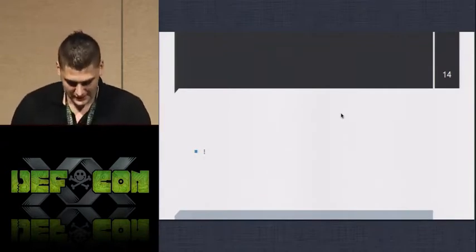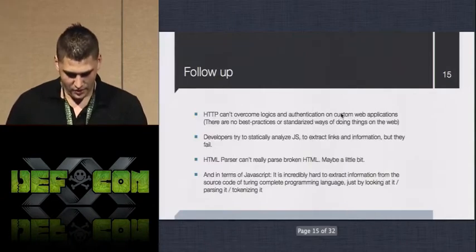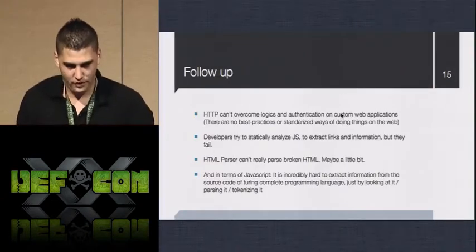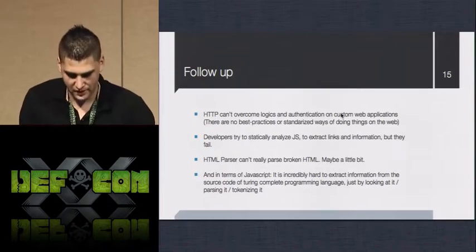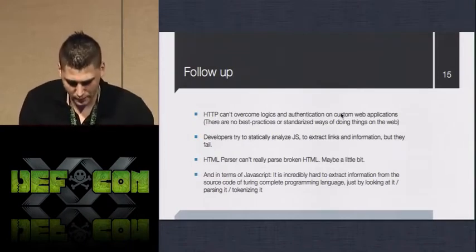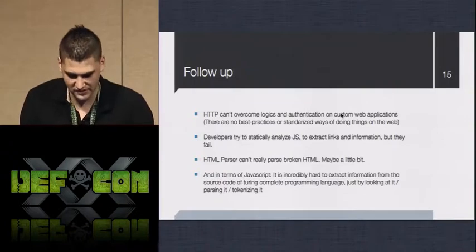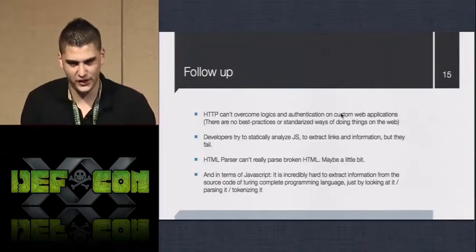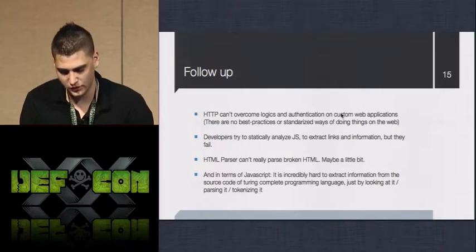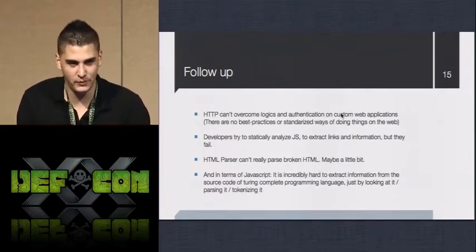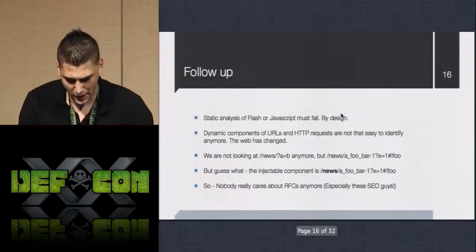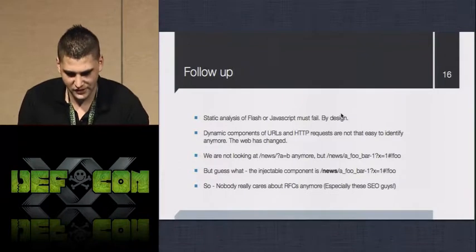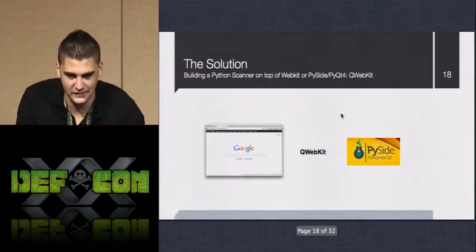But as we have seen with the browser example, there is a better way to solve the problem. And the solution is, from my point of view, because it is incredibly hard to extract information from a Turing-complete language like JavaScript, and it is incredibly hard to handle all the broken HTML and web stuff, to simply use a web browser.